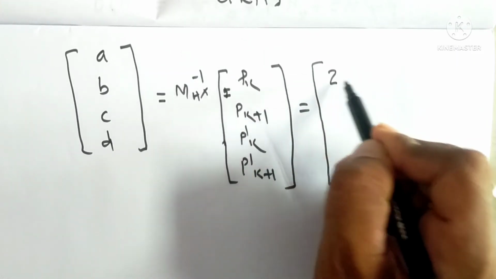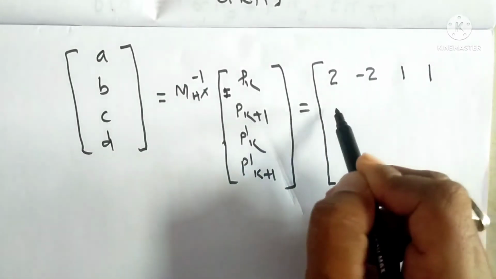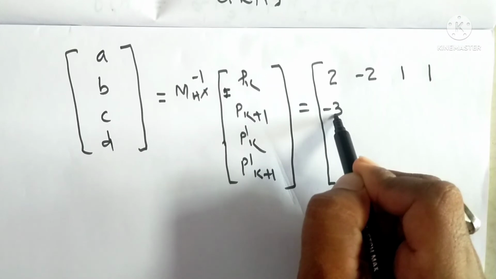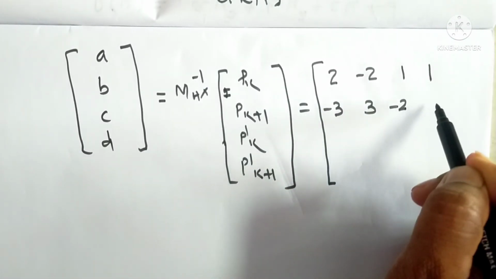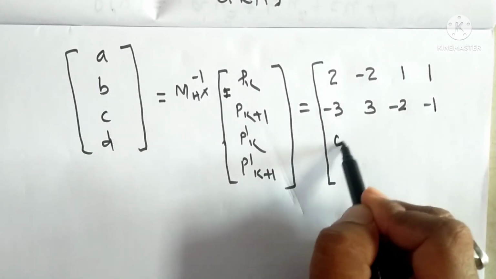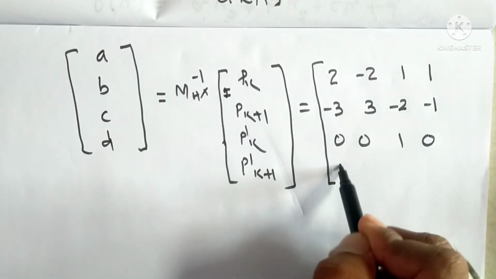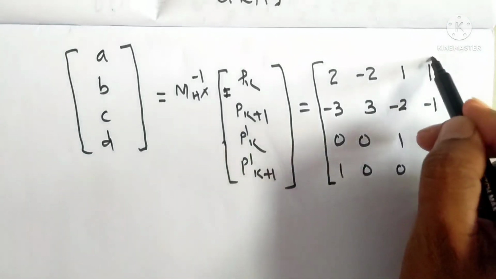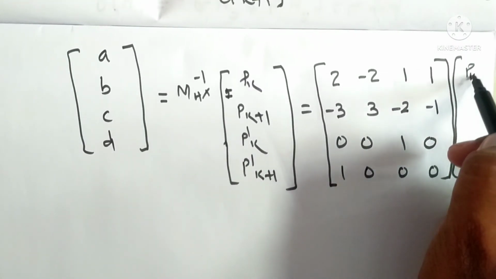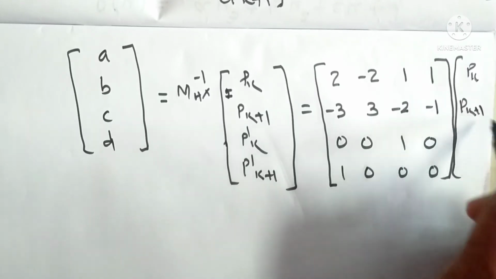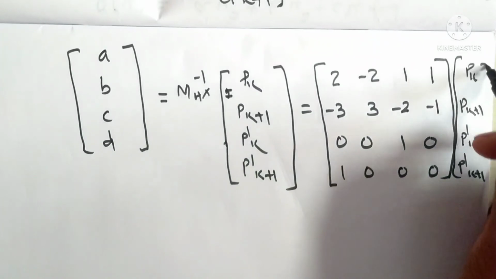So directly I am writing the value 2, minus 2, 1, 1, minus 3, 3, minus 2, minus 1, 0, 0, 1, 0, 1, 0, 0, 0, which will be multiplied with your Pk, Pk plus 1, P dash K, P dash K plus 1.